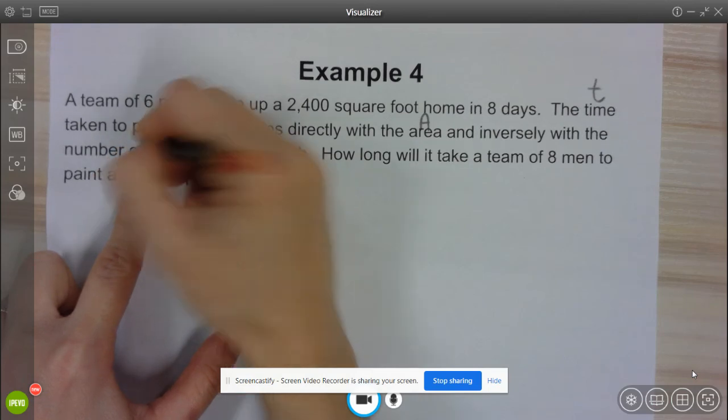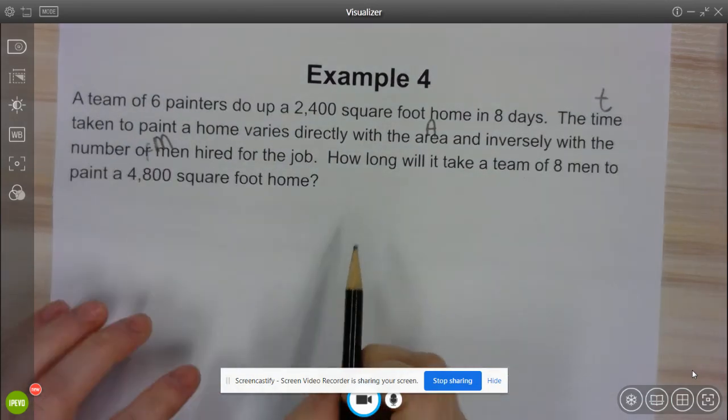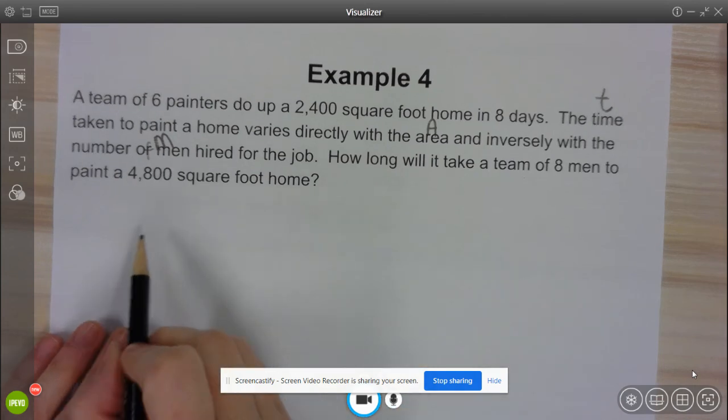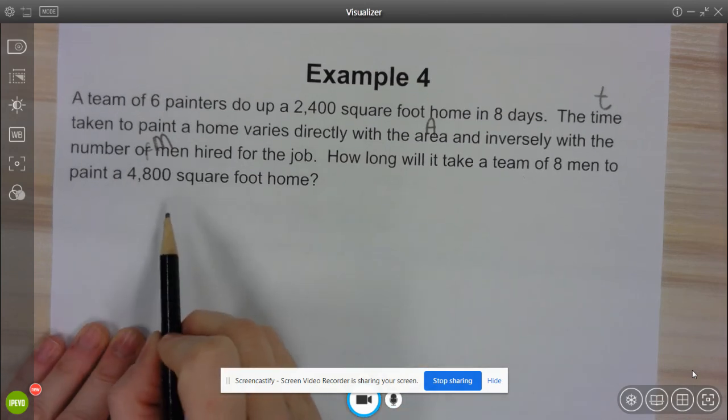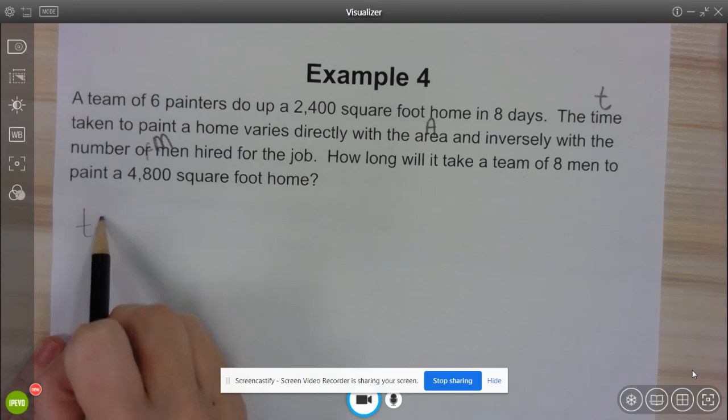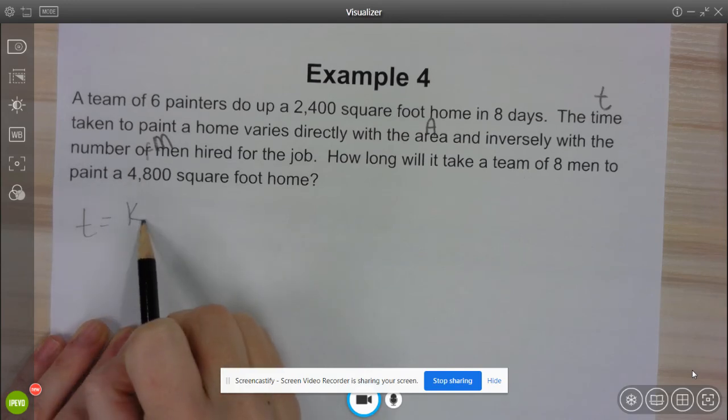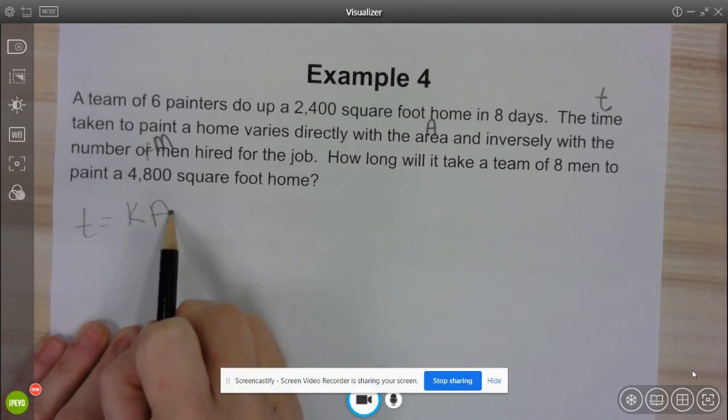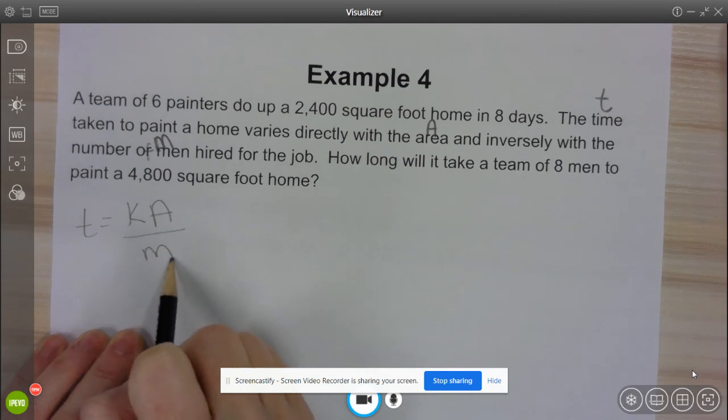That should say of, not or. Hired for the job. So the time, I don't know the constant, varies directly with the area and inversely with the number of men hired.